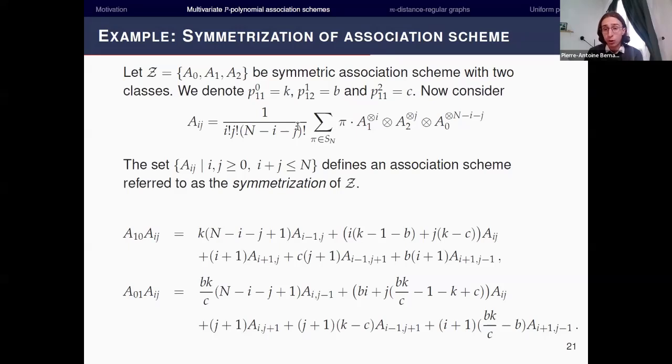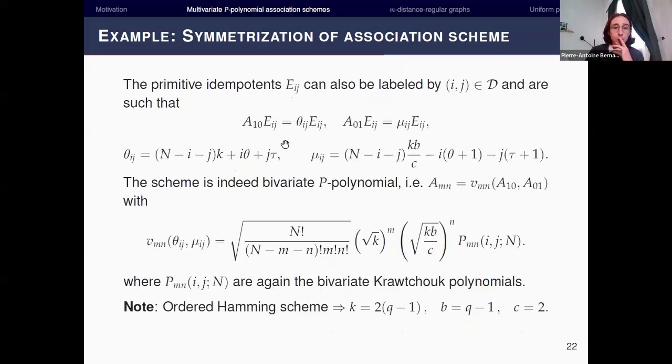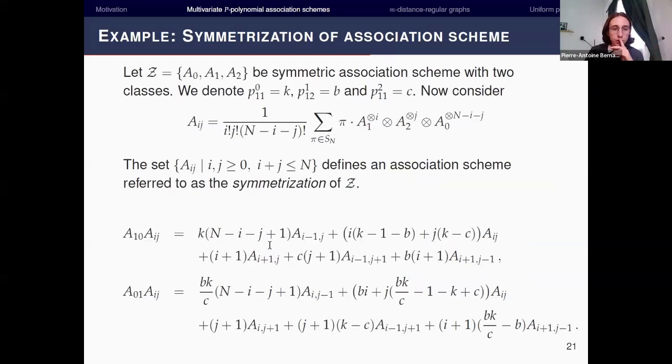And we can also find what are the polynomials. So it's possible to show simply actually by solving. Okay, I can return to the previous slide. Here, if you rewrite Aij in terms of a polynomial of A10 and A01, this gives you two recurrence relations.